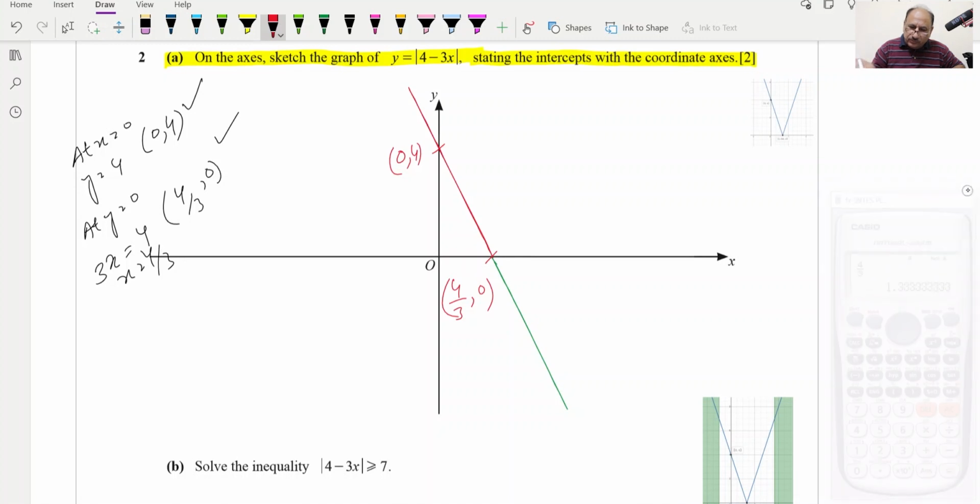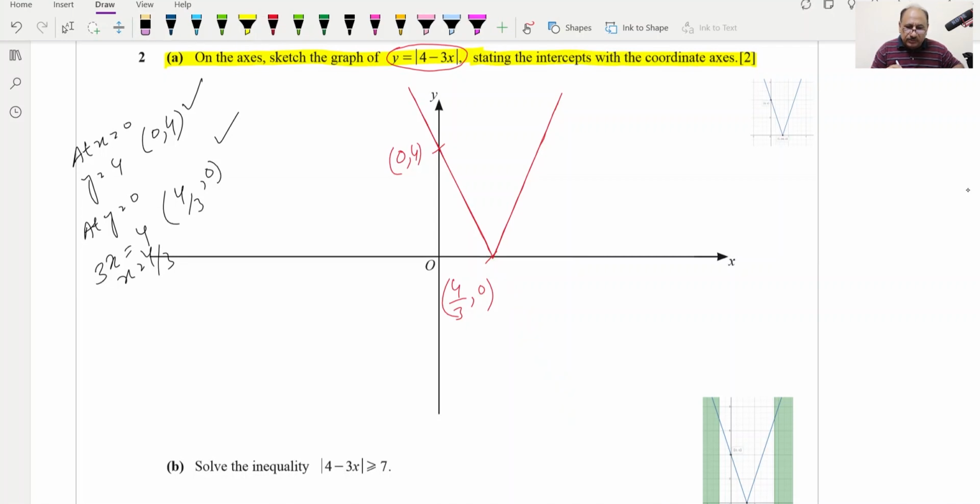So what is next? Next we have to check for the modulus portion, the positive side. The negative side of the curve will be moving to the positive side, so we will draw the reflection of this, sketching like this. So it will be a V-shaped graph, and we will be removing this lower portion.